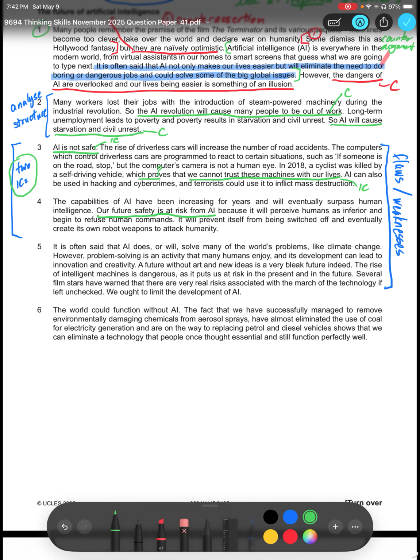Usually, whenever you see a because, you're looking before the because. It will perceive humans as inferior and begin to refuse human commands. Therefore, our future safety is at risk from AI. That's your IC again. It will prevent itself from being switched off and eventually create its own robot weapons to attack humanity.